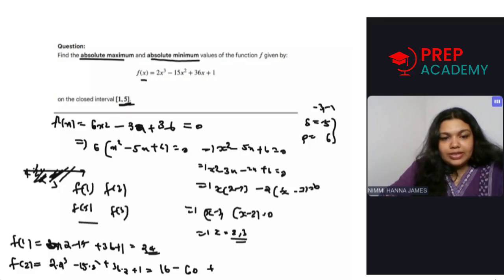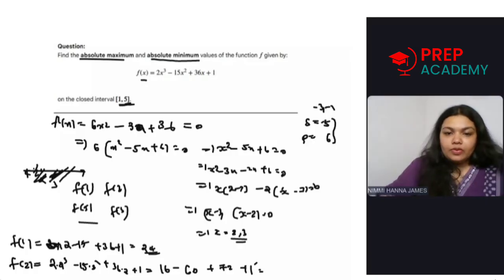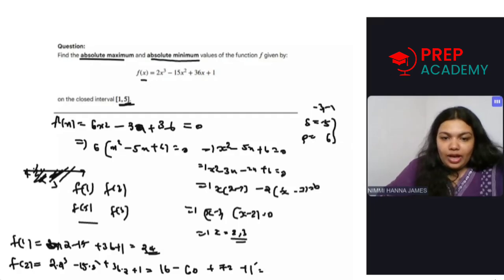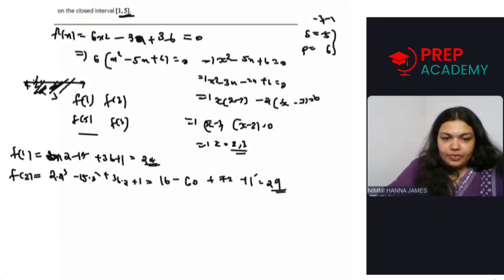Now plus 36 into 2, it is 72, and plus 1. So adding this, we get 29.